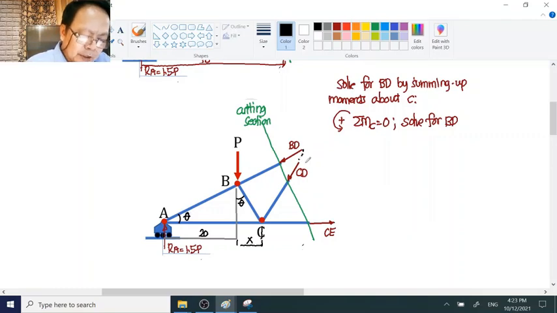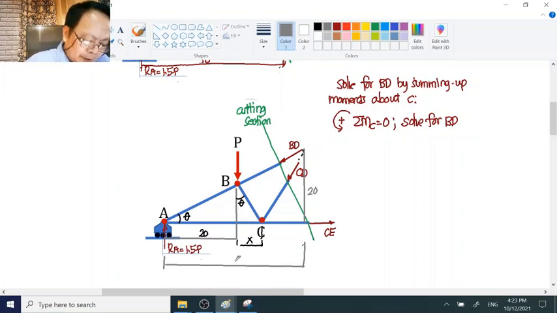Knowing that the distance from here up to here is 20, and the total distance from here to here is 40, then by ratio and proportion, this is 20, in the middle, half of it, the height of this will be equal to 10.